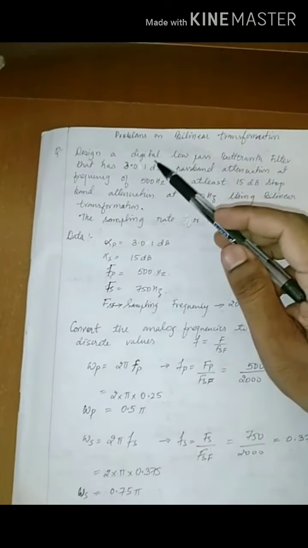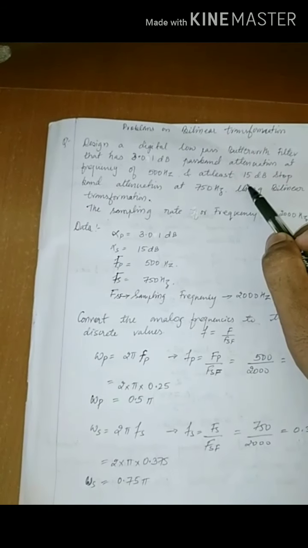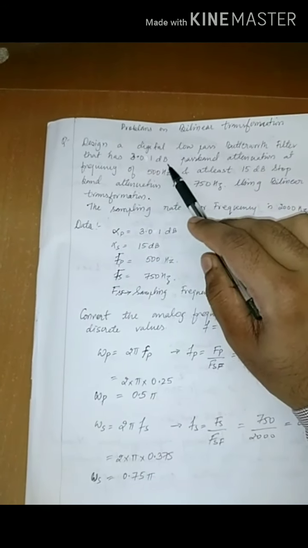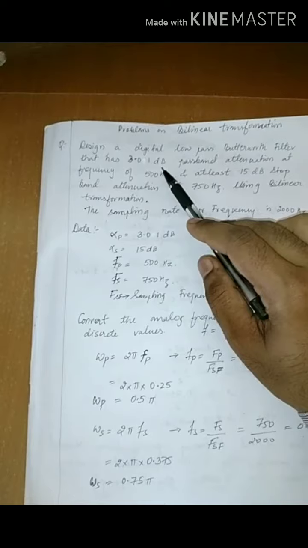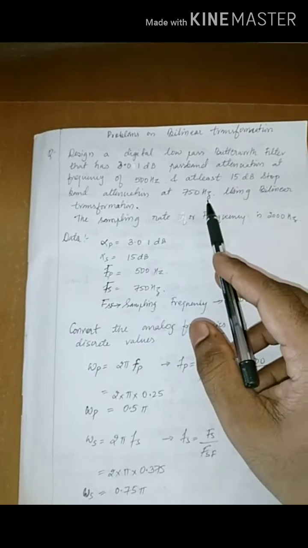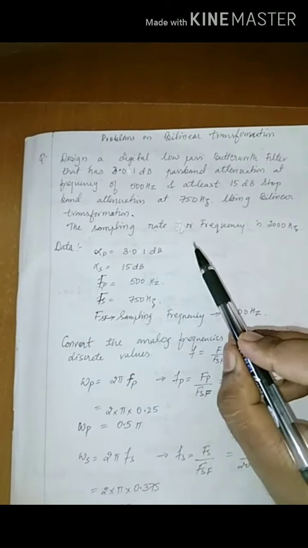Here the value of alpha p is 3.01 dB and the value of alpha s is 15 dB. The passband attenuation is at a frequency of 500 Hz, so it is the value of Fp, the passband frequency, which is in terms of Hertz, not in terms of radians per second.